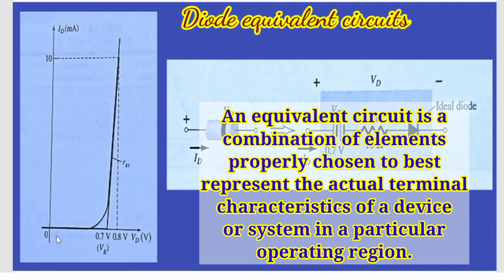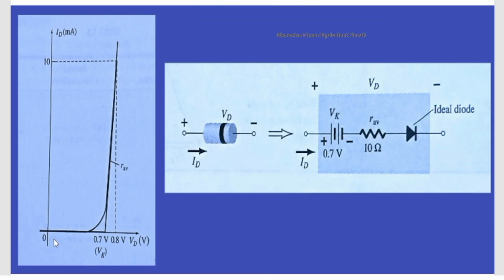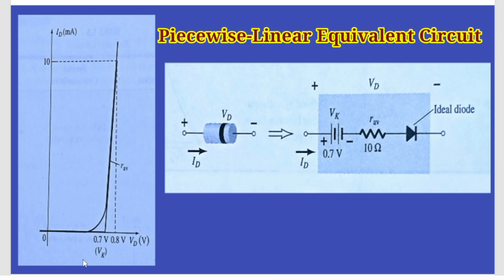Now let us discuss the equivalent circuit of a crystal diode. First one is the piecewise linear equivalent circuit. One technique for obtaining an equivalent circuit for a diode is to approximate the characteristics of the device by straight line segments, as shown here. The resulting equivalent circuit is called a piecewise linear equivalent circuit.